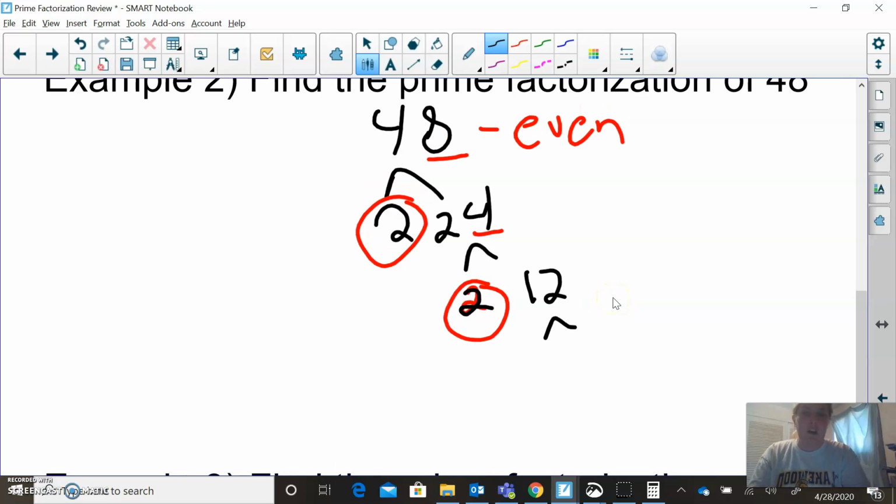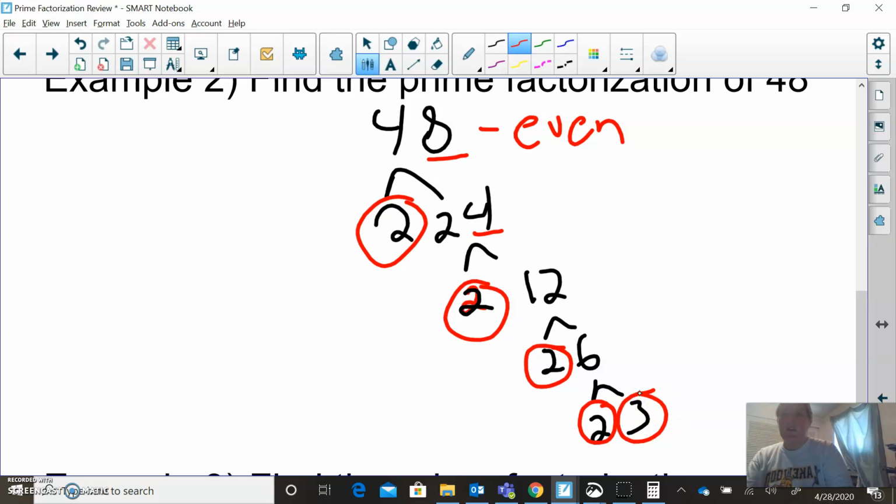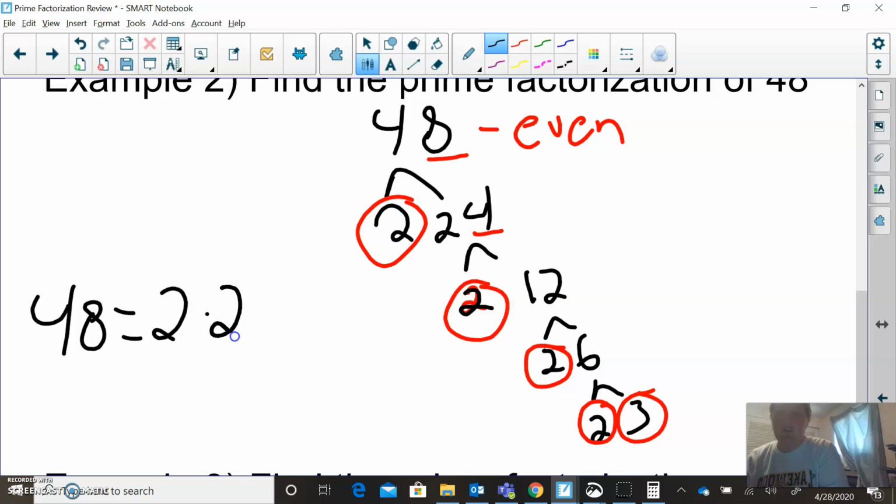So, we can try 2 times 6 again. And circle that 2, because that's a prime number. And then 2 times 3. Circle those. Alright, so we're all done. 48 is equal to 2 times 2 times 2 times 2 times 3.